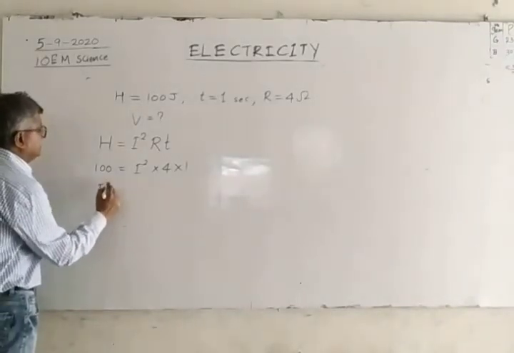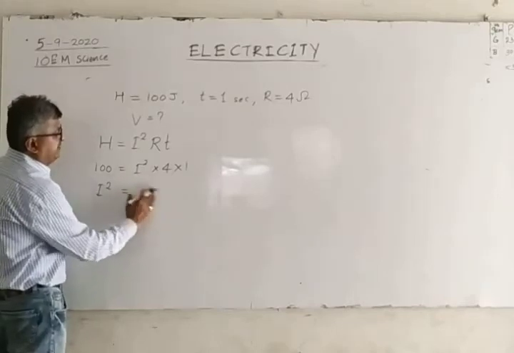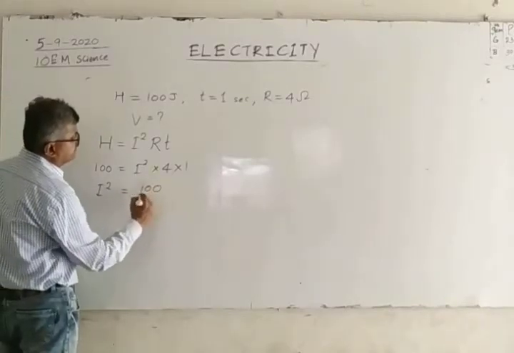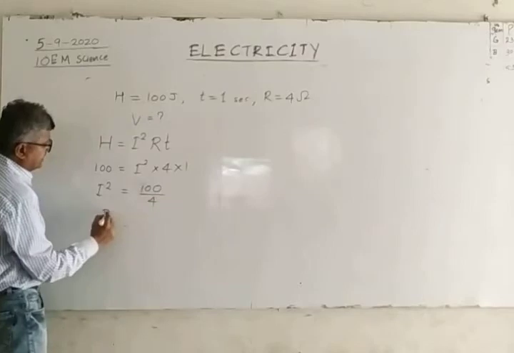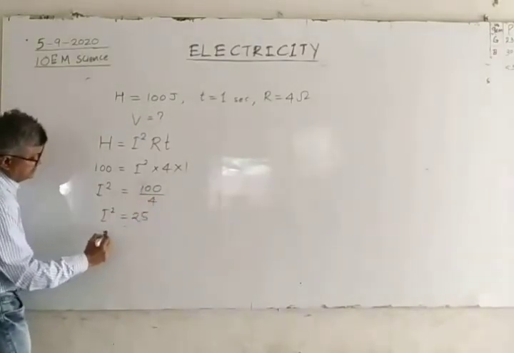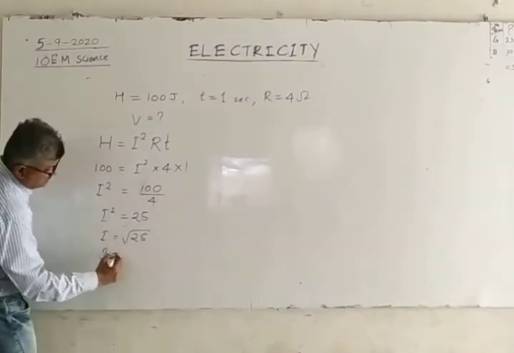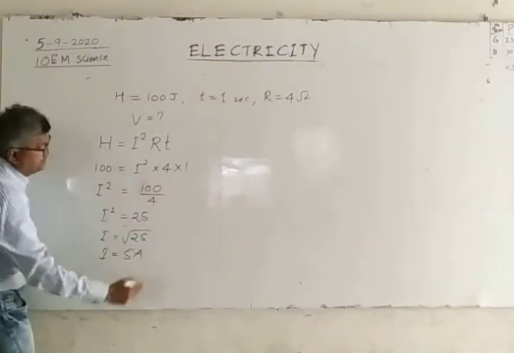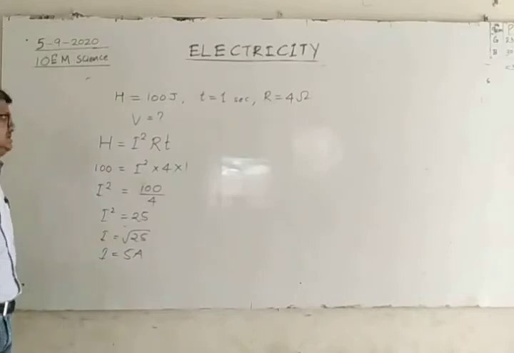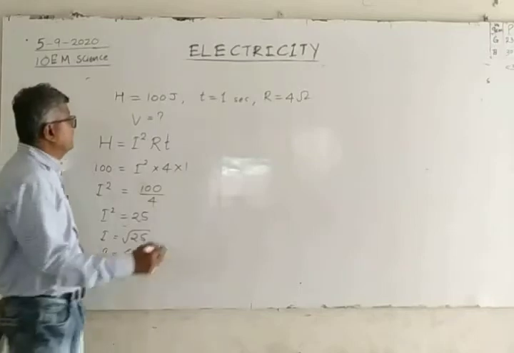So I square is equal to 100 divided by 4. So I square is equal to 25. I is equal to square root of 25, that is 5 ampere. So current passing through the 4 ohm resistor is 5 ampere.